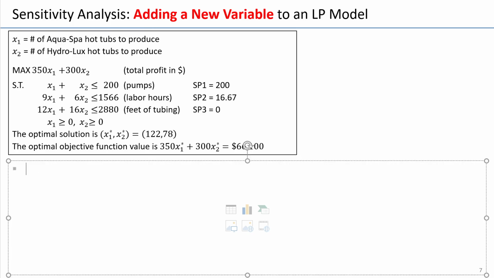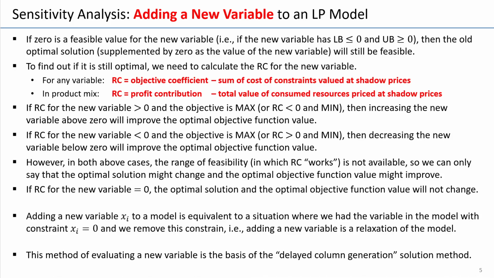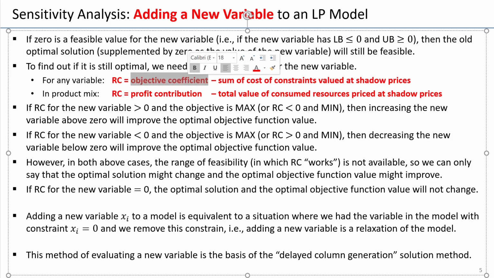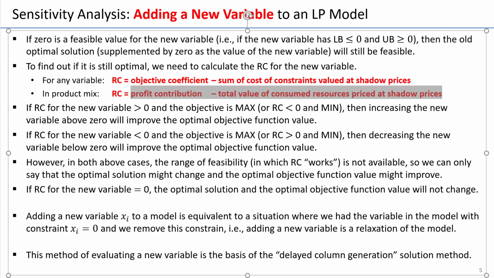So before we actually go for adding a new decision variable, let's just see the formula for reduced cost, which we provided before: objective coefficient minus the sum of the constraint coefficients valued at shadow prices. Or for this particular product mix problem, you can use the second formula: profit contribution minus total value of consumed resources priced at shadow prices, right?